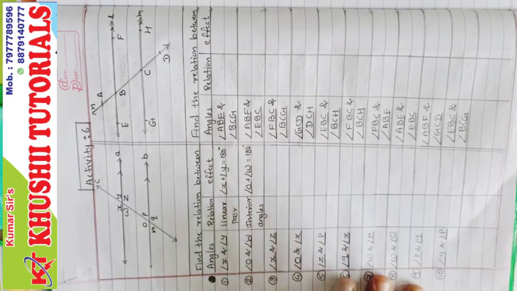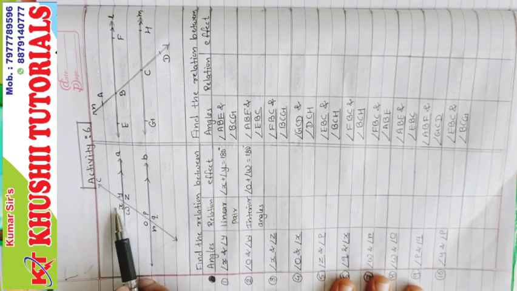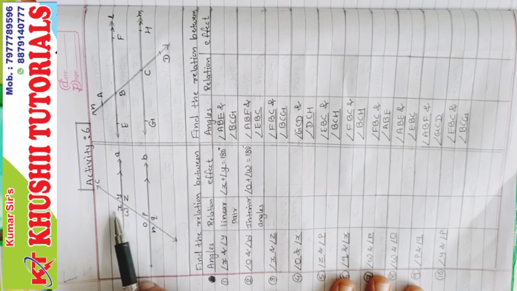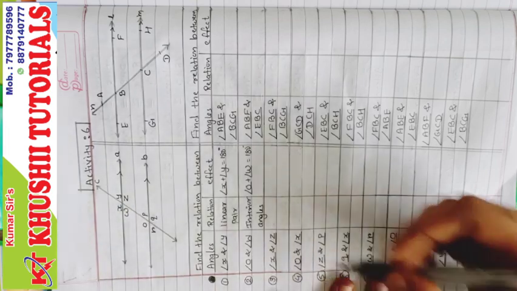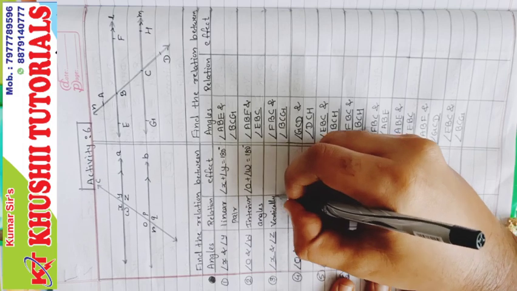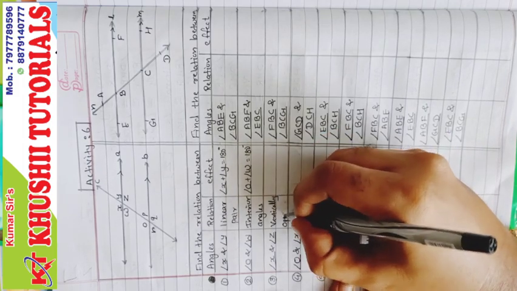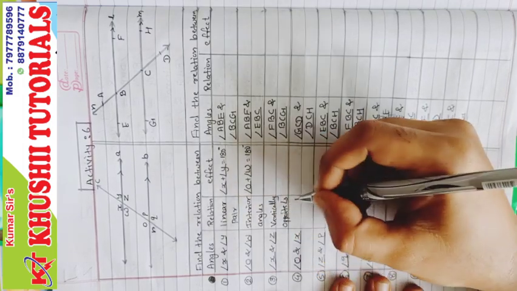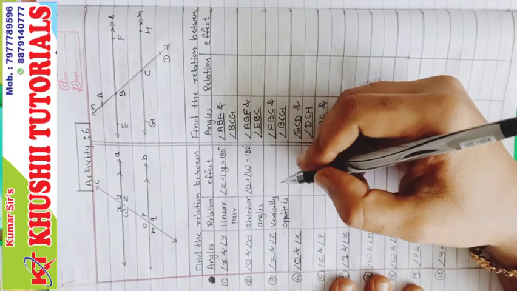Angle X and angle Z. What type of angles are these? Vertically opposite angles, and vertically opposite angles are congruent.